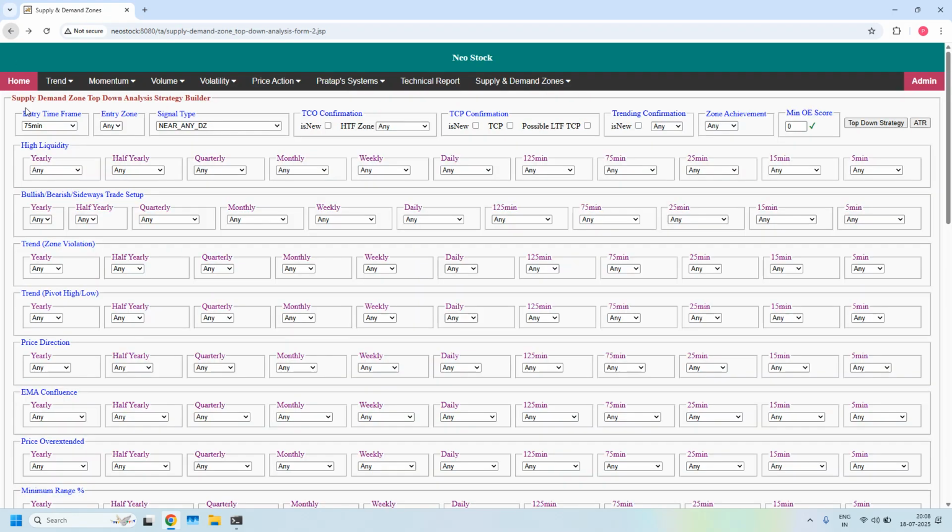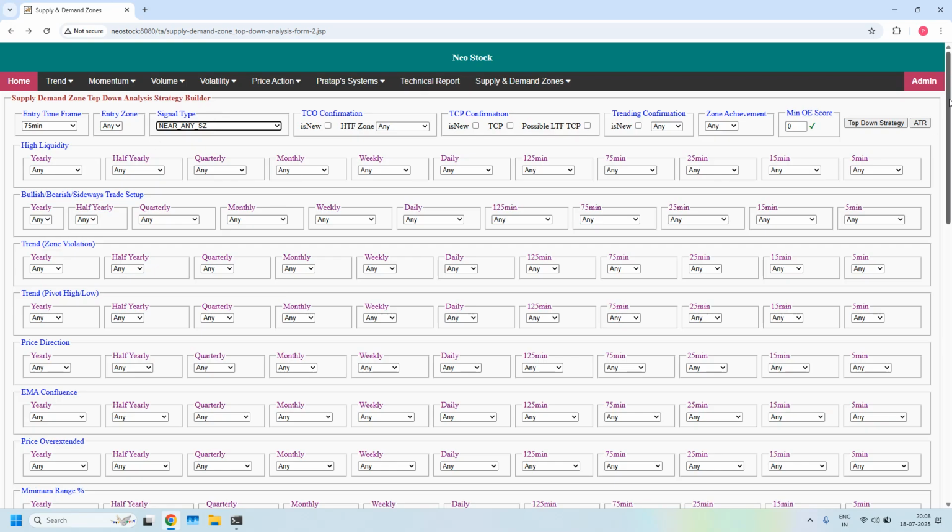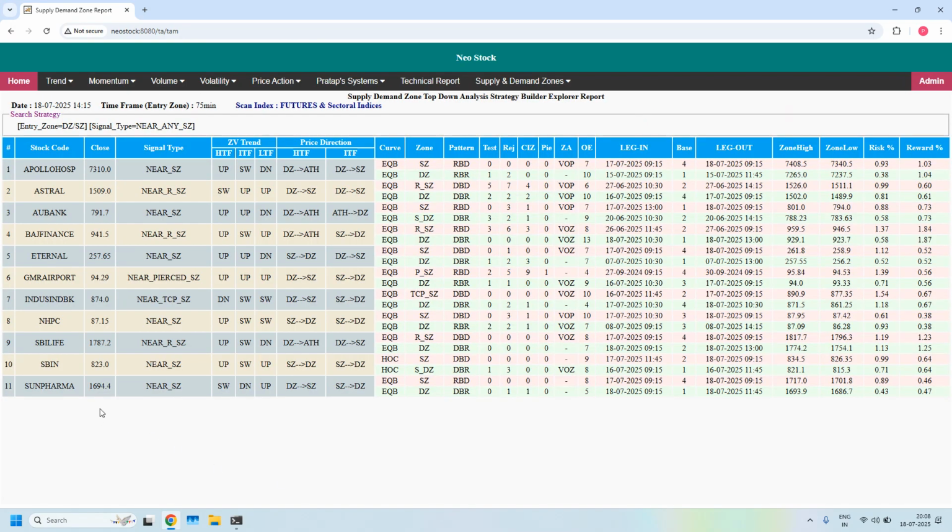Okay, next. For 75 minutes time frame, stocks near to the 75 minutes supply zone, we got 11 stocks. Let us identify 75 minutes high liquidity supply zone from this list. Astral is having a 75 minutes high liquidity supply zone.